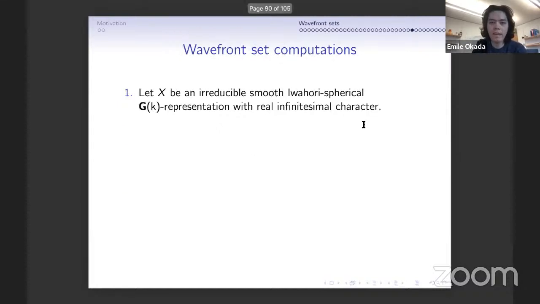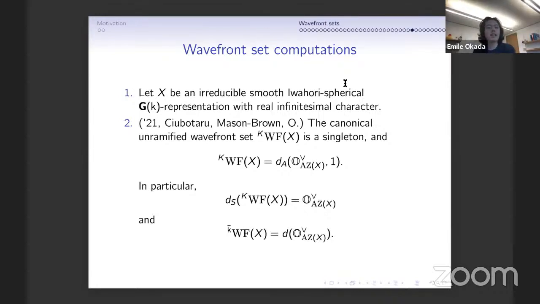So I suppose the state of the art in computing the canonical unramified wavefront set is the following: if you take X to be an irreducible smooth Iwahori-spherical representation with real infinitesimal character, then the canonical unramified wavefront set is first of all a singleton, and it can be given in terms of the Achar dual of O check, the trivial conjugacy class.